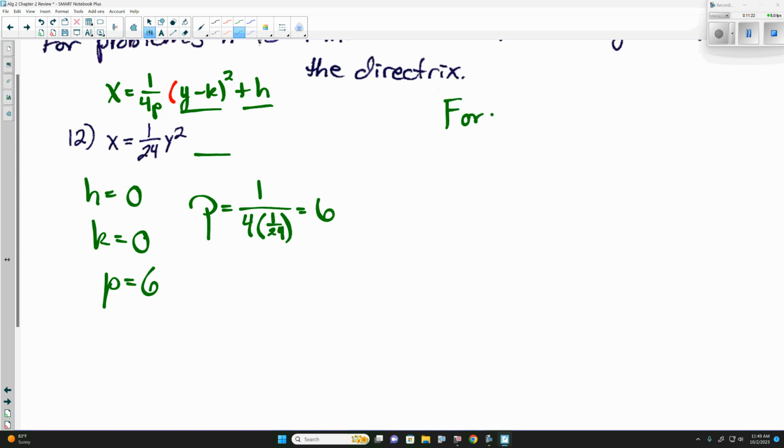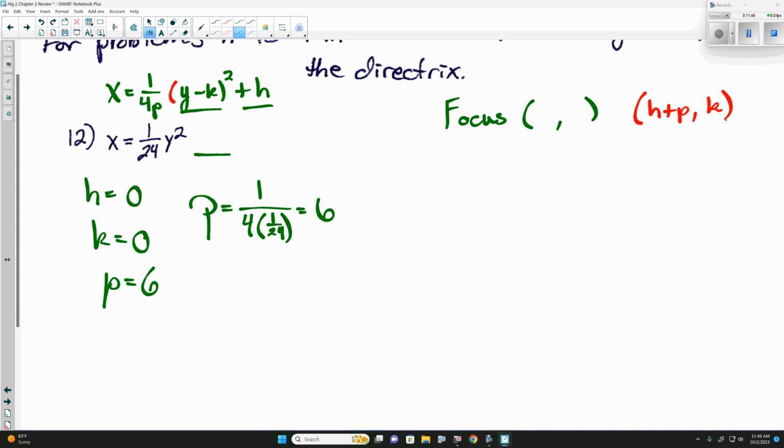Now, it didn't ask for the vertex. But if it did, the vertex for this here would be the point 0, 0, h comma k. But the focus for this one here, if we look at our general forms for x equals, would be h plus p comma k.